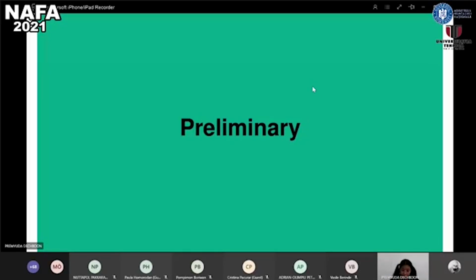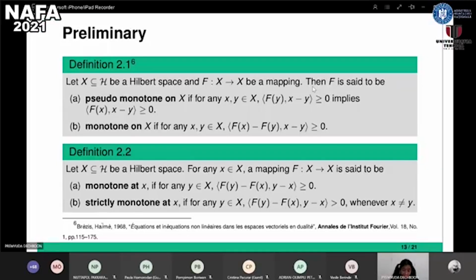In my work, I need some definitions. Let X be a subset of a Hilbert space, and let F be a self-mapping on X. We can say that the mapping F is pseudo-monotone if for any x, y we have this inequality, which implies that this inequality holds also, and monotone on X if this inequality holds.